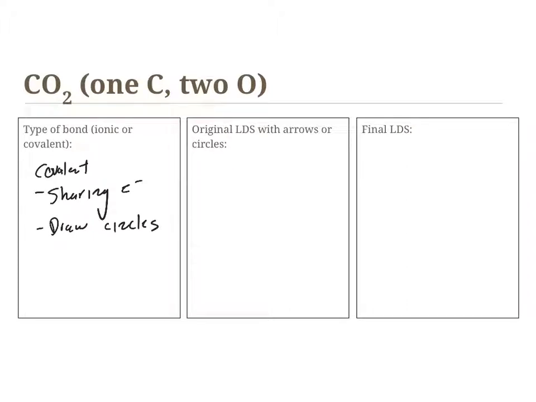So the first thing I'm going to draw is my carbon, which is going to have 1, 2, 3, 4 valence electrons, because we figured that out before. I'm going to draw one of my oxygens, which will have 1, 2, 3, 4, 5, 6, and another oxygen, which would be 1, 2, 3, 4, 5, 6.